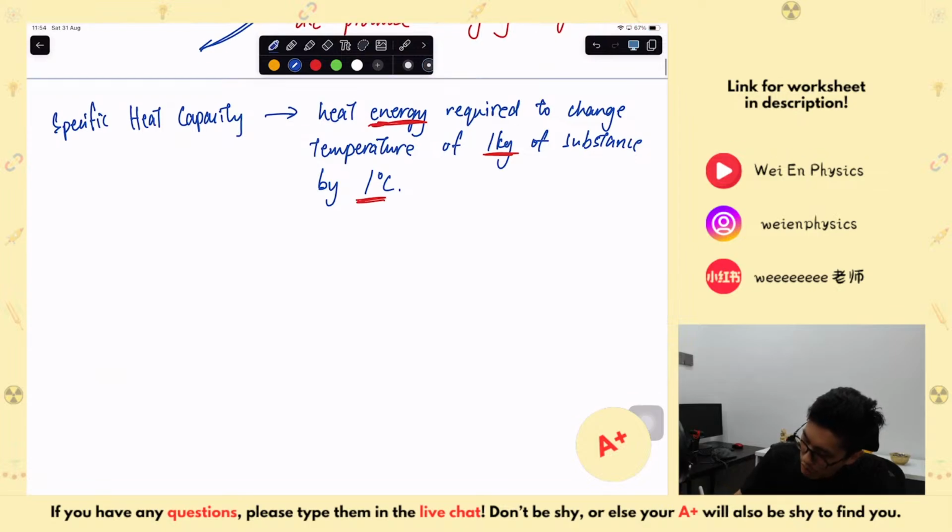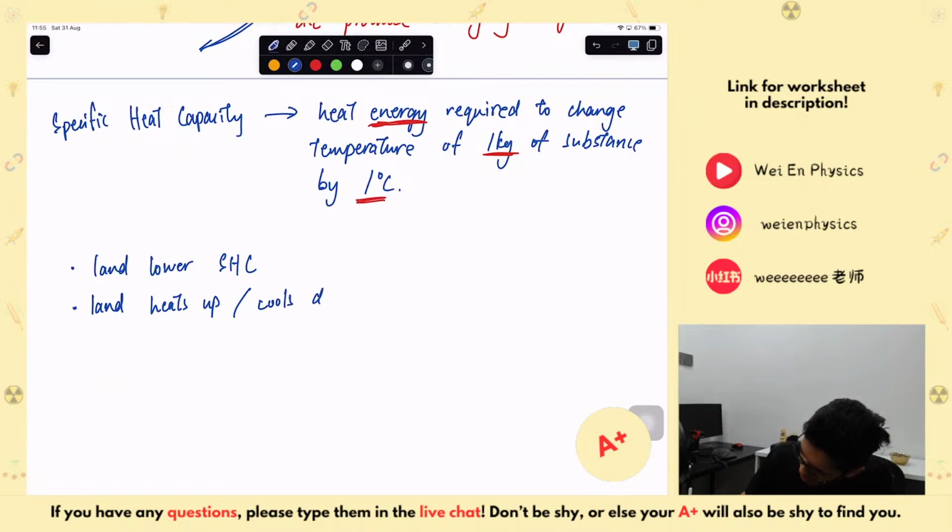So if you talk about land breeze or sea breeze, this is what you have to remember. Land has a lower specific heat capacity, which means that land heats up faster or cools down faster.